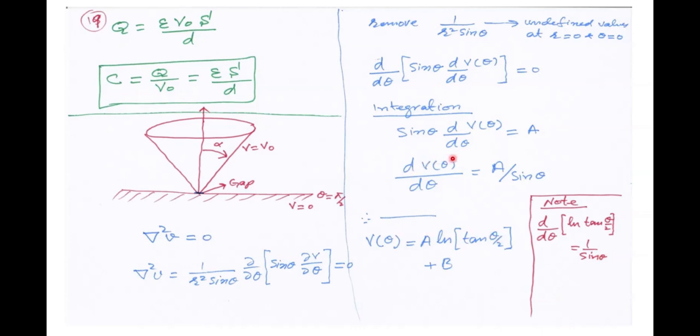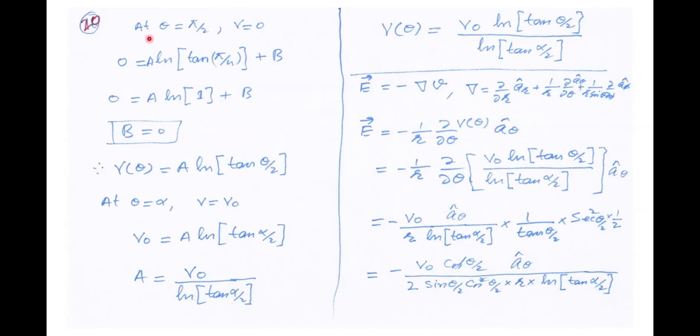So this relation after second integration takes this form, that is V as a function of theta, the potential function, equal to A times ln tangent theta by 2 plus B, where A and B are unknown coefficients, and we will define these unknown coefficients using the boundary conditions: at theta equal to pi by 2 the potential is 0, and at theta equal to alpha the potential is V naught.